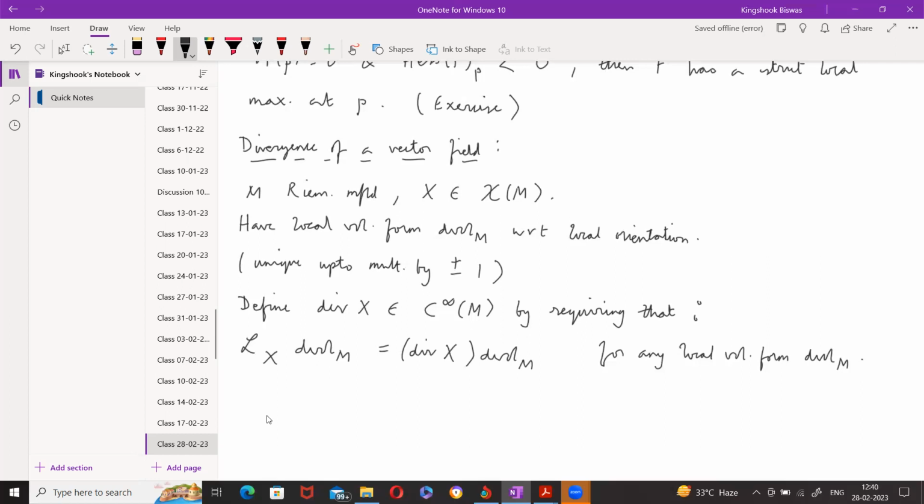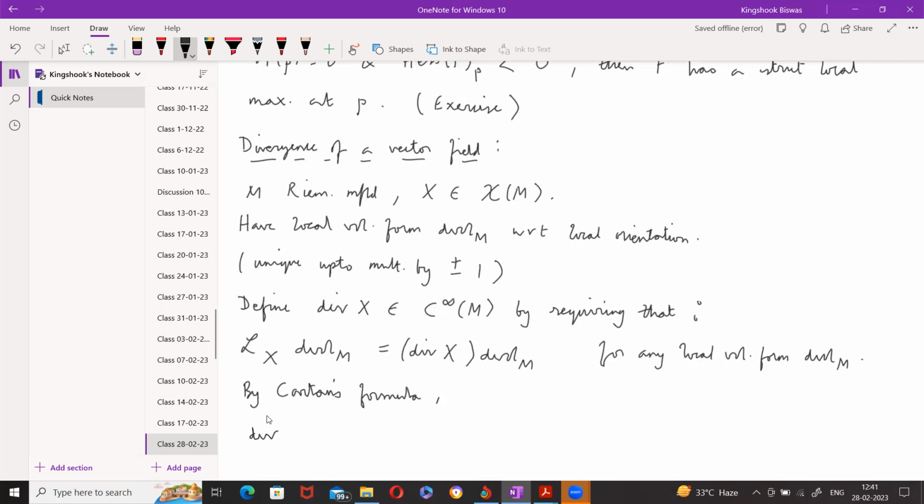So how do we get a formula for this divergence? By Cartan's formula, what do we have?